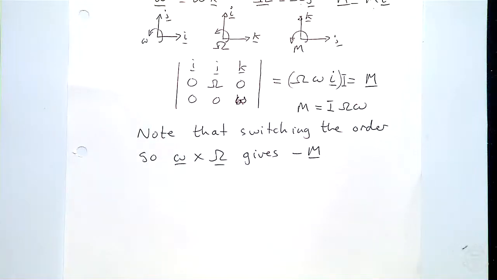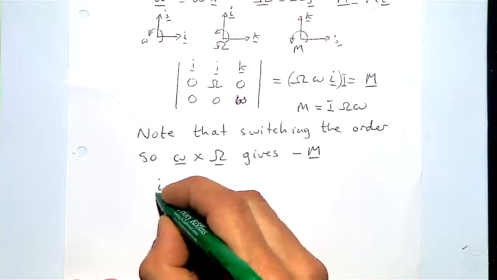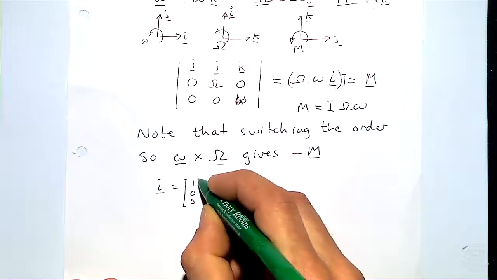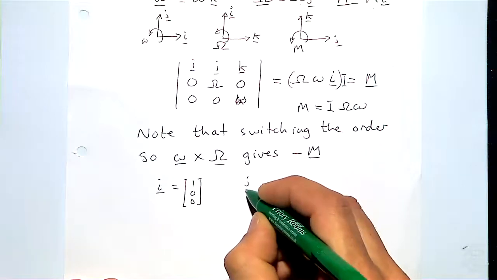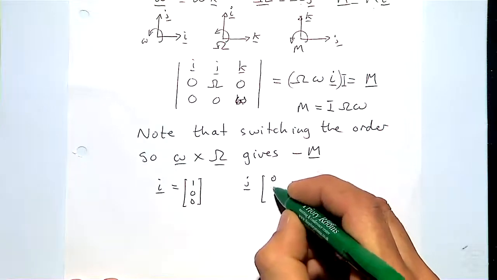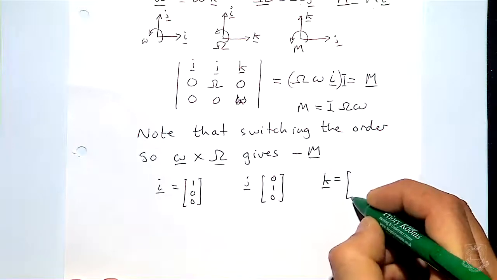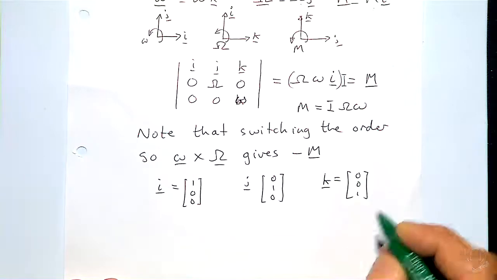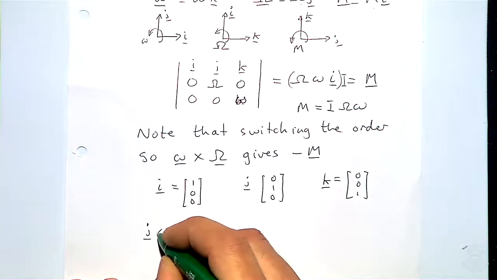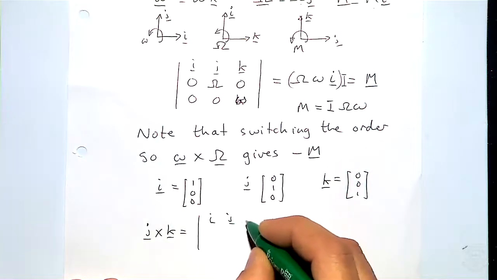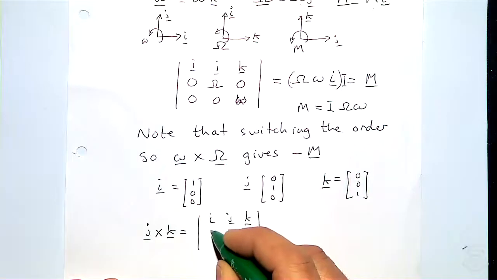And just to reinforce, because some people in tutorials have been asking these kind of questions, if you get really stuck, you can always just do this. You can always write down what i, j, and k are, if you're not sure, and then you can work out what they are in the cross product by doing this kind of calculation.